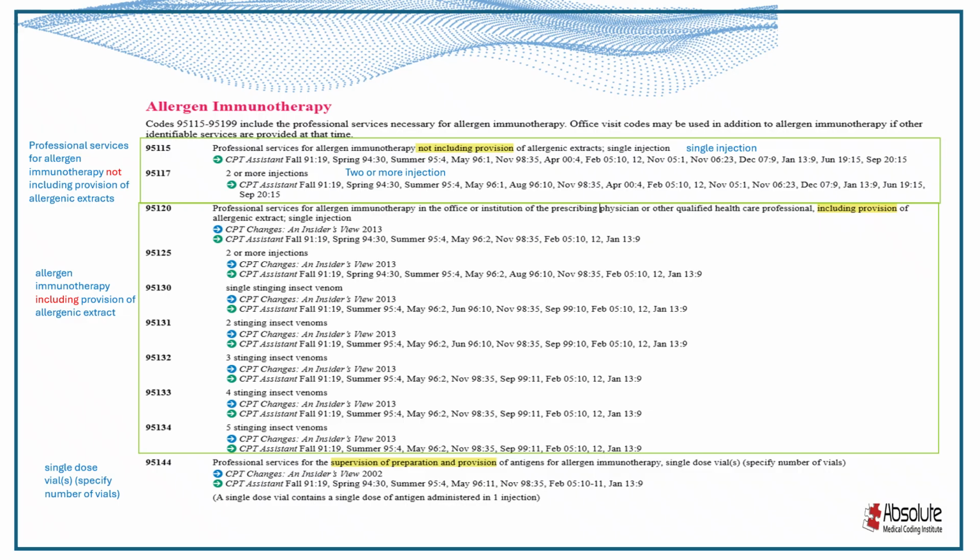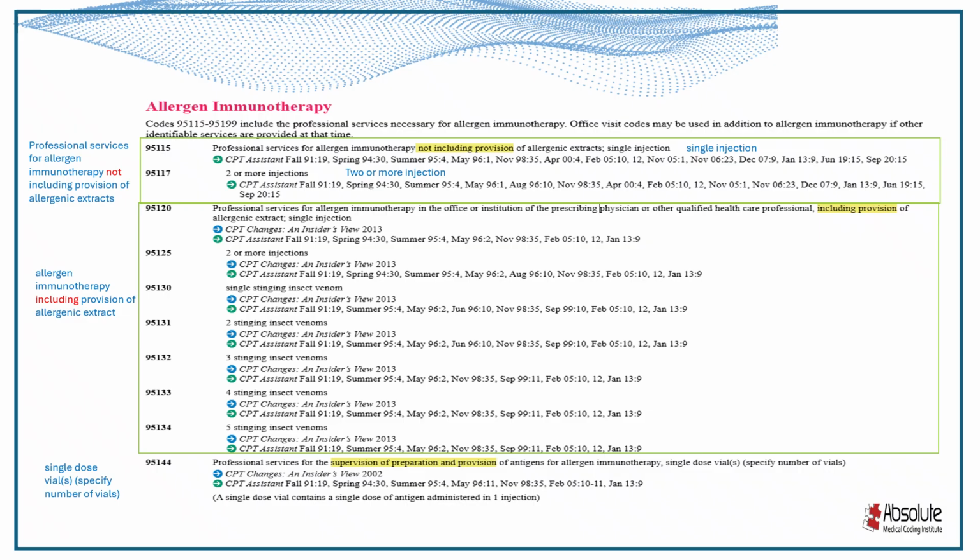The main difference between these two groups is that 95115 through 95117 do not include the provision, and 95120 through 95134 include the provision of allergenic extract. And that is a key difference.